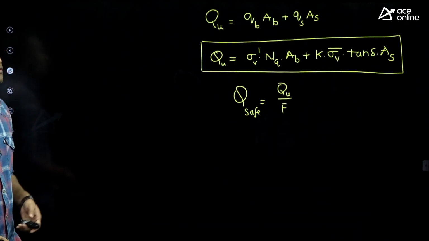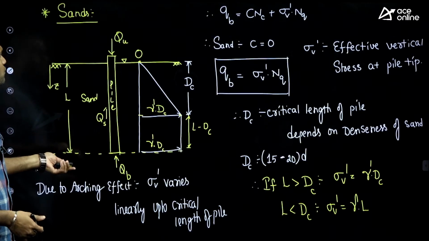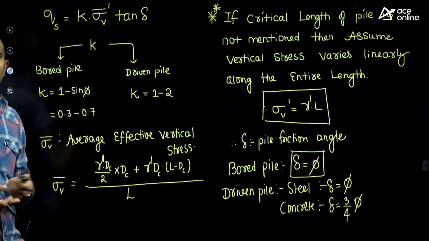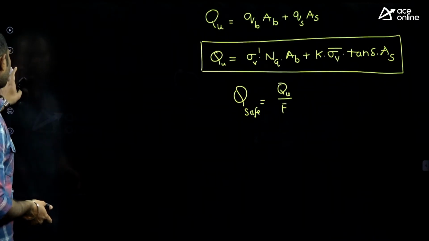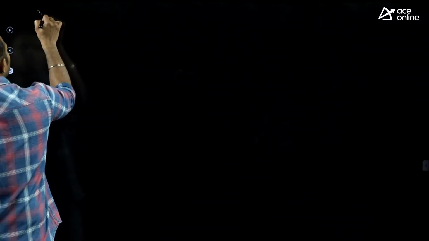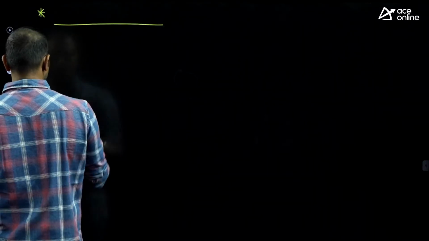Okay, so these are the things that we learned for individual piles. I have given you for the sands and clays. Sir, what if both soils exist? Suppose I give you a condition, I'll explain it in this fashion.